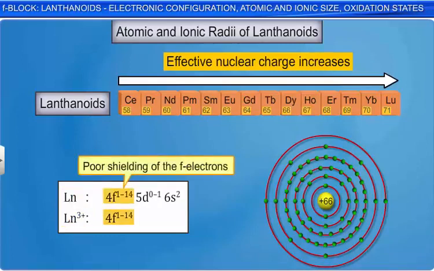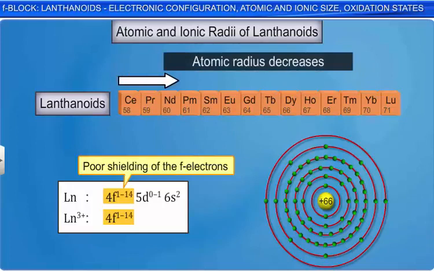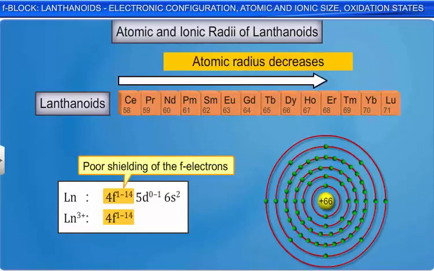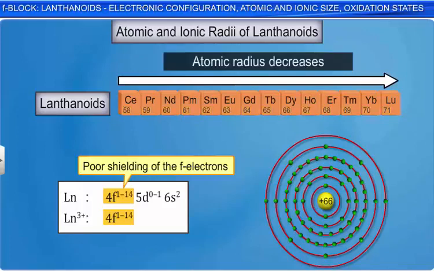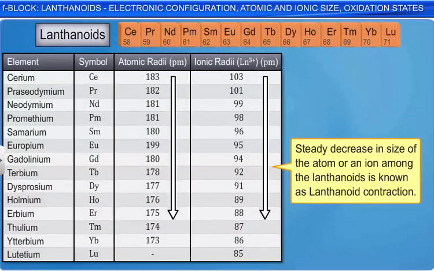Hence, a regular decrease in the atomic radius is observed with an increase in the atomic number. This steady decrease in size of the atom or an ion among the lanthanoids is known as lanthanoid contraction.